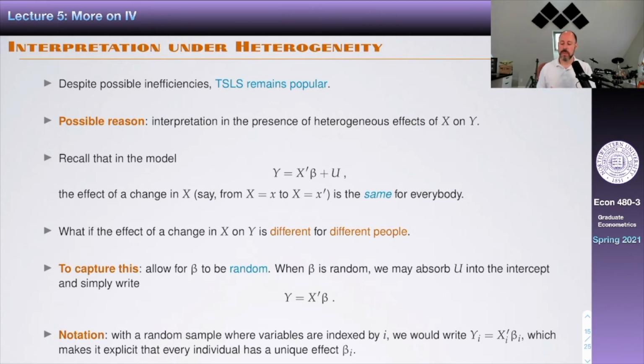Once you remove those assumptions and consider a more general model, it turns out that two-stage least squares is no longer efficient. The efficient estimator is going to be some other estimator that we're going to discuss next week. But despite this, as I wrote, two-stage least squares is still popular.